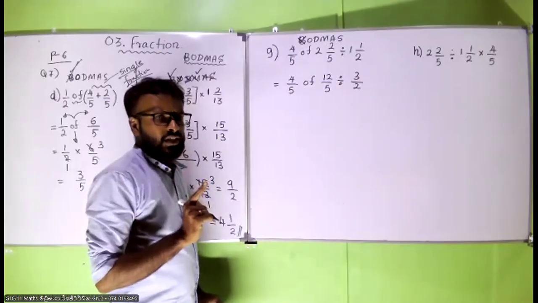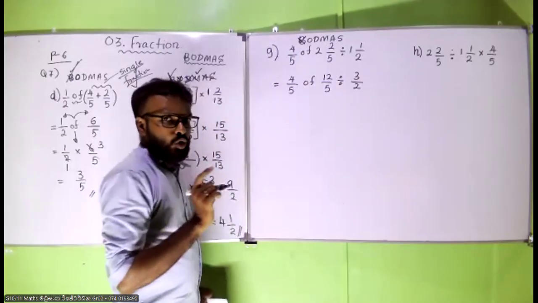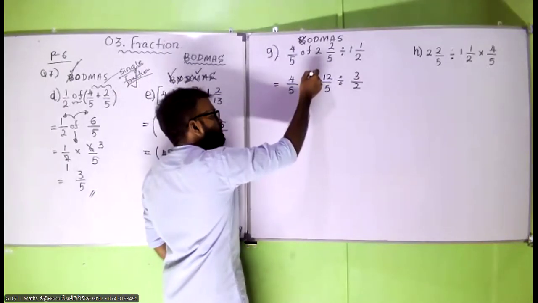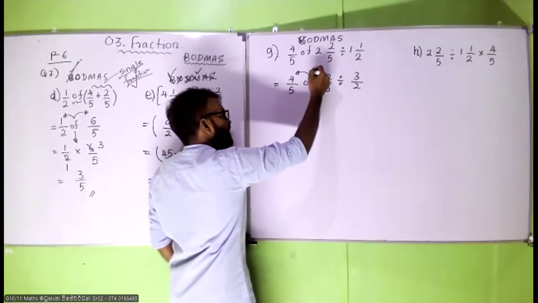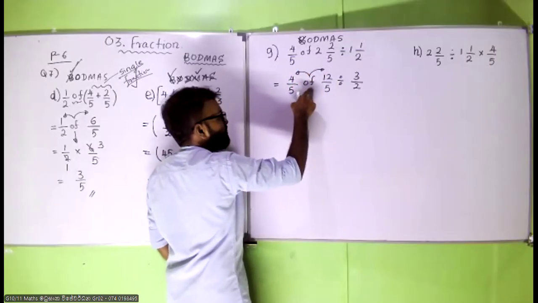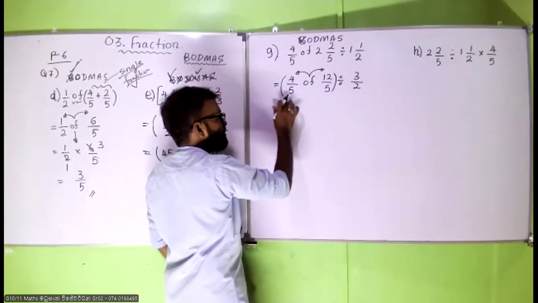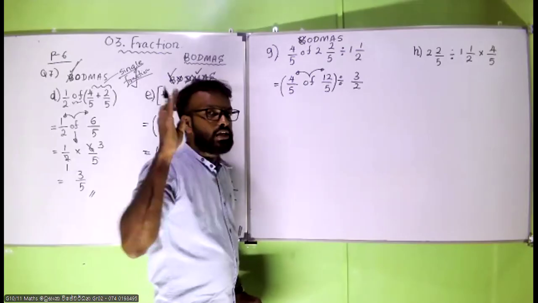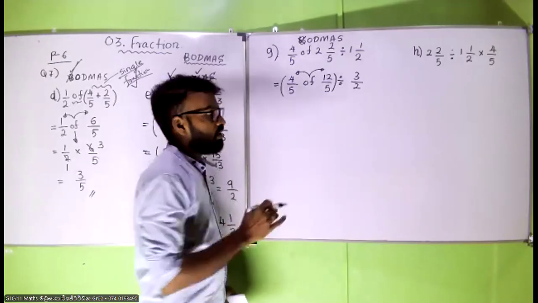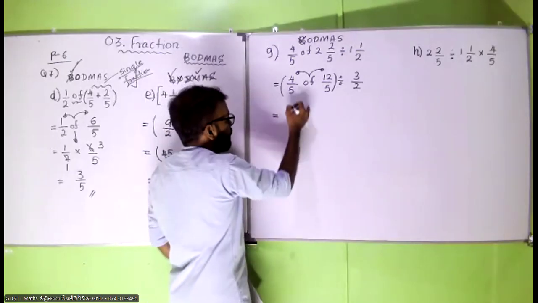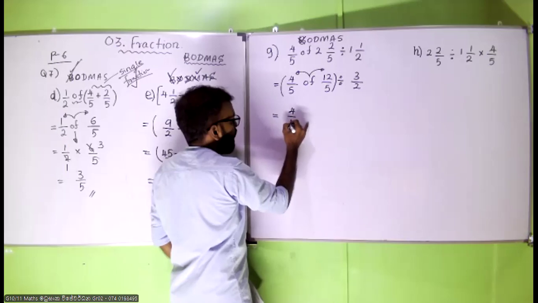When you are simplifying of, you need to bracket your left hand side fraction and right hand side fraction of this word of, because you are going to simplify these two fractions until you get a single fraction inside that. So the equal mark, this is 4 upon 5.